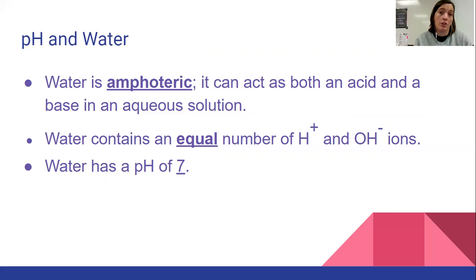There's no more hydrogen than there is hydroxide because it's a 1-for-1 ratio. That's why water has a pH of 7. Okay, that'd be 1 out of every 10 million water molecules might switch to hydronium. But you can add more hydrogen to it. You can add more hydroxide to it. It's right there in the middle. So that's why water is neutral.